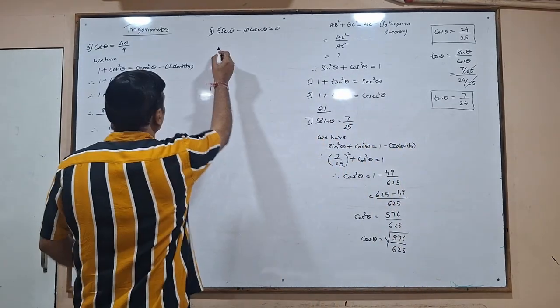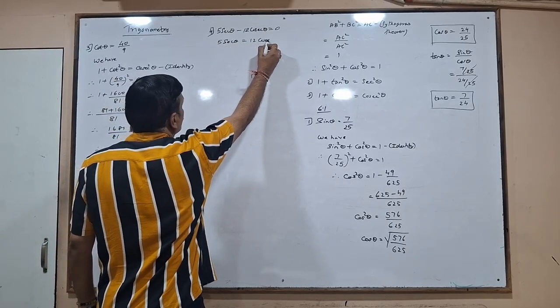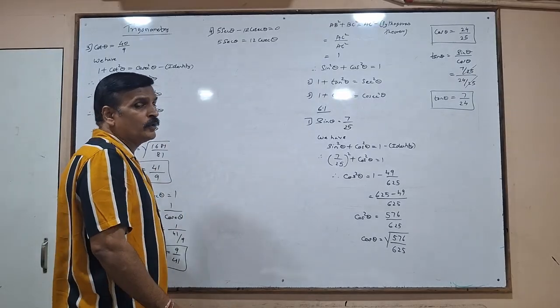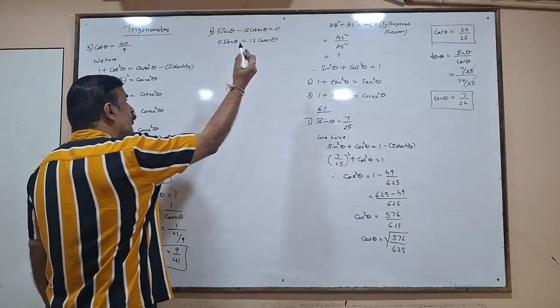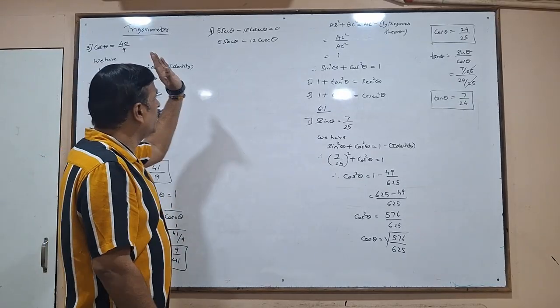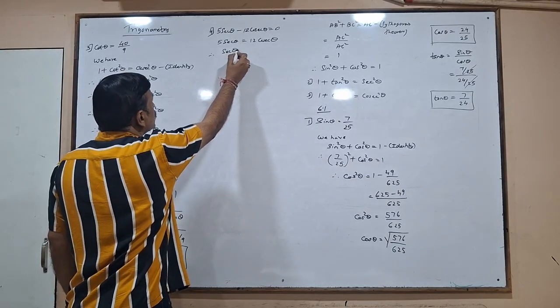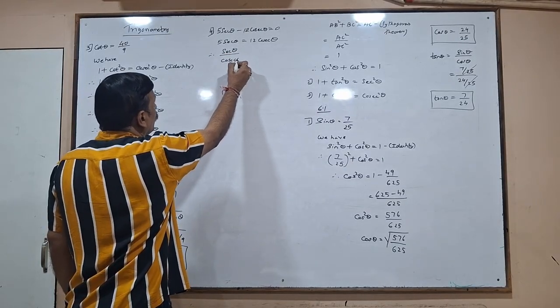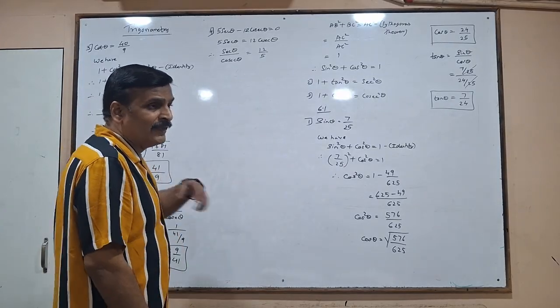So for that, what to do? 5 sec theta is equal to 12 cosec theta, minus becomes plus. Bring trigonometric ratios on one side and the values on the right hand side. So it will become sec theta upon cosec theta is equal to 12 upon 5.